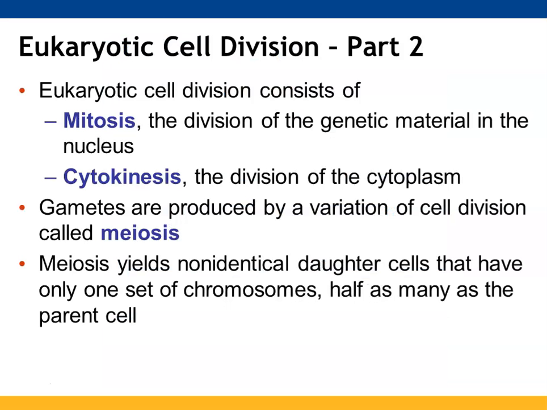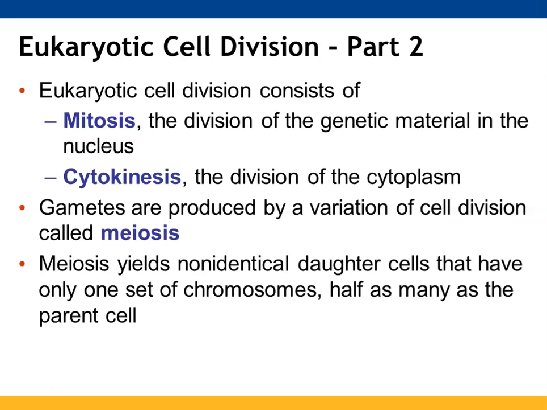So mitosis is focusing on dividing the genetic material present in the nucleus, while cytokinesis is division of your cytoplasm. And so gametes are going to use division to be formed, but because their chromosome number needs to be halved, they actually go through a second series of events, and that's known as meiosis.